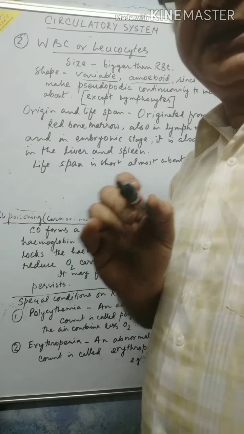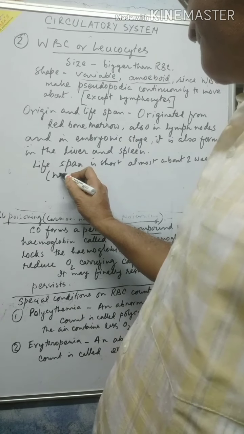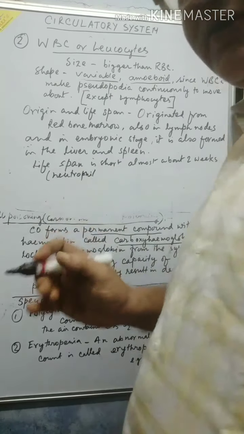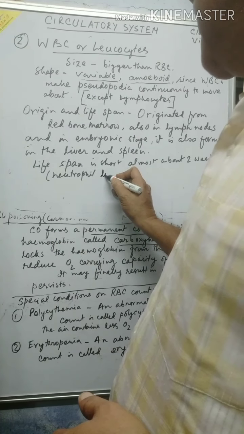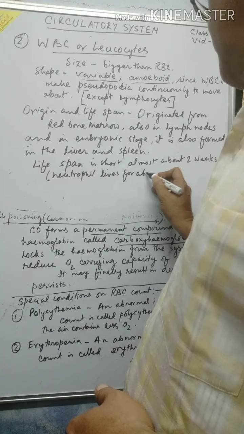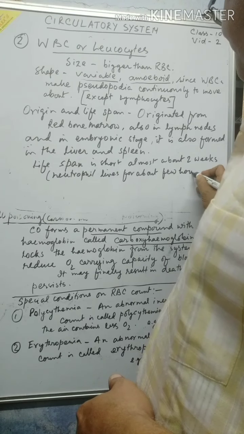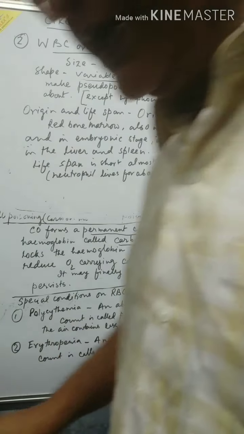And in case of neutrophil, one of the maximum number of WBC, neutrophil lives for about few hours, not even few days, few hours.